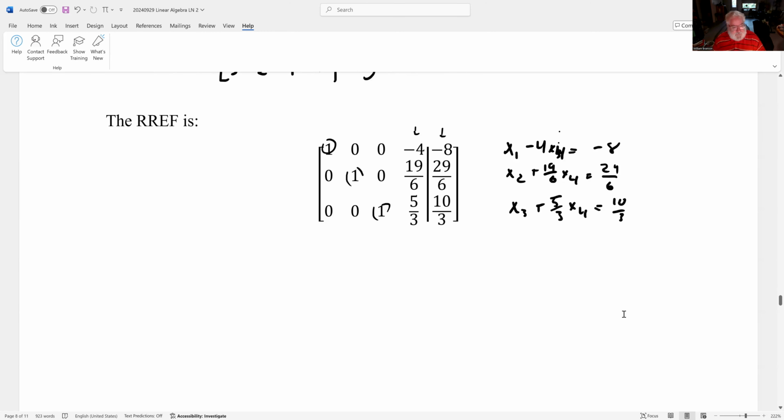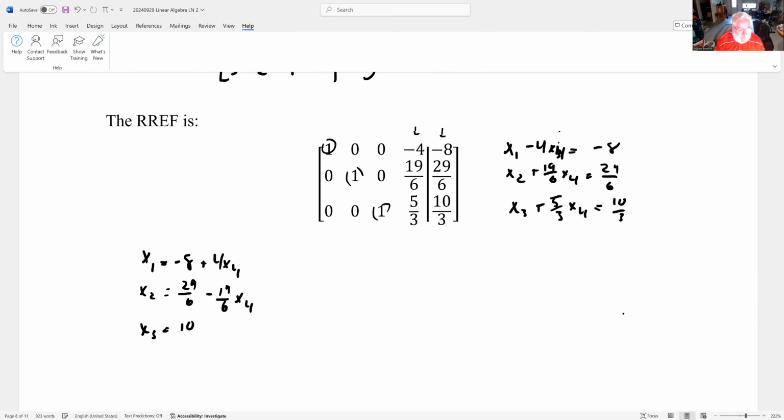So we can rewrite this as x1 equals minus 8 plus 4x4, x2 equals 29 over 6 minus 19 over 6 x4, x3 equals 10 over 3 minus 5/3 x4.